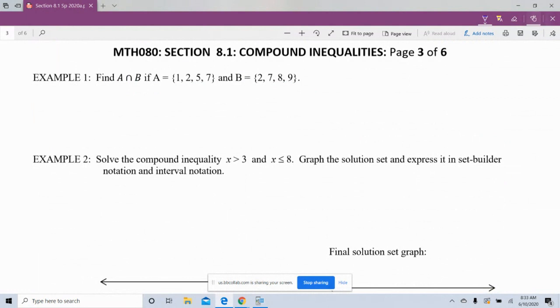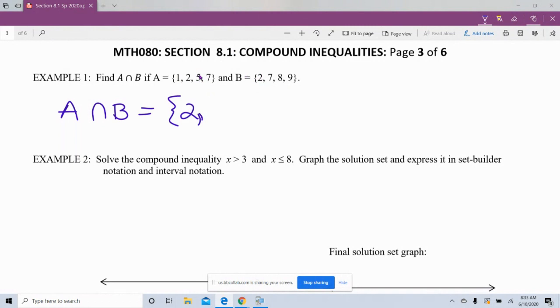And so the intersection of set A and set B will contain, well, let's see, which numbers are in both sets, right? Well, set A has a 1, but set B doesn't. Set A has a 2, and set B also has a 2. So that's in both sets. That belongs in the intersection. Let's see if there's any more.